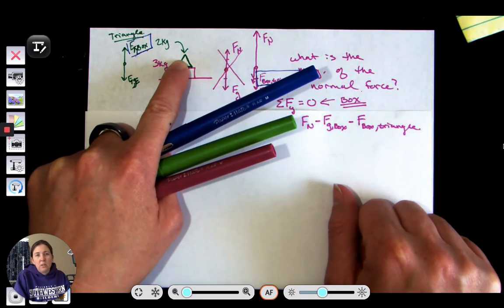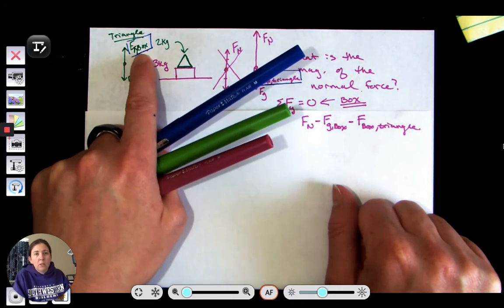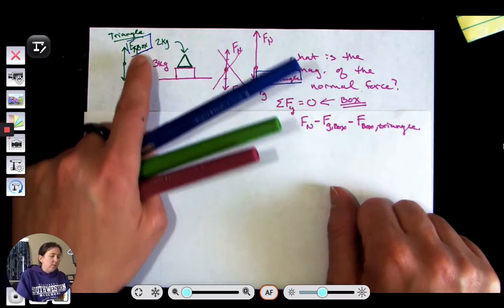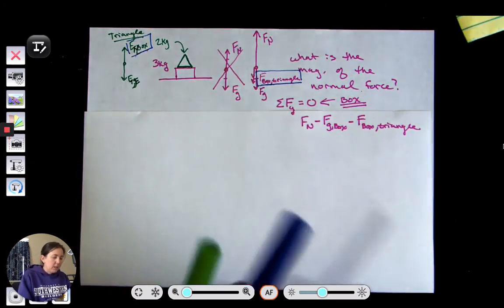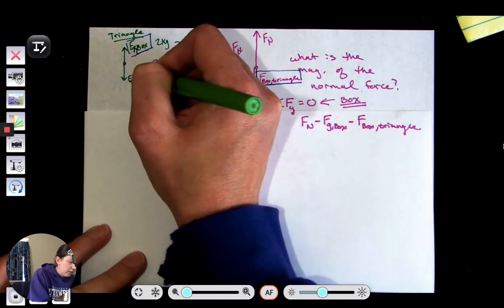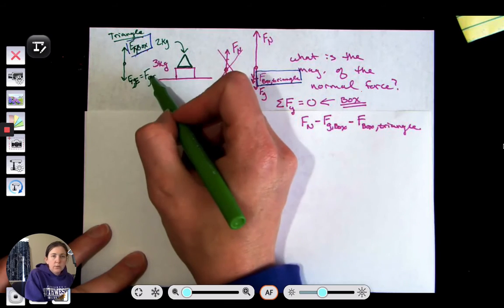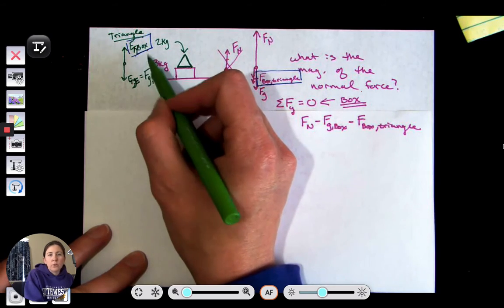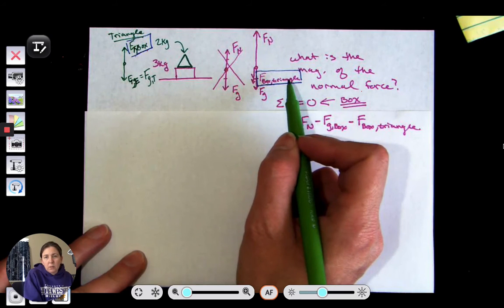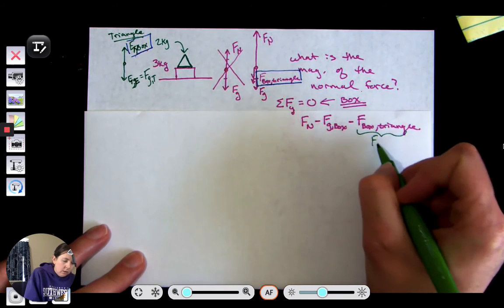The triangle is in equilibrium, so this upward force is going to be equal to this downward force, and so the force on the triangle by the box is going to be equal to the force of gravity on the triangle. And so these two forces are equal. They're both the force of gravity on the triangle. And so this is also going to be the force of gravity on the triangle.